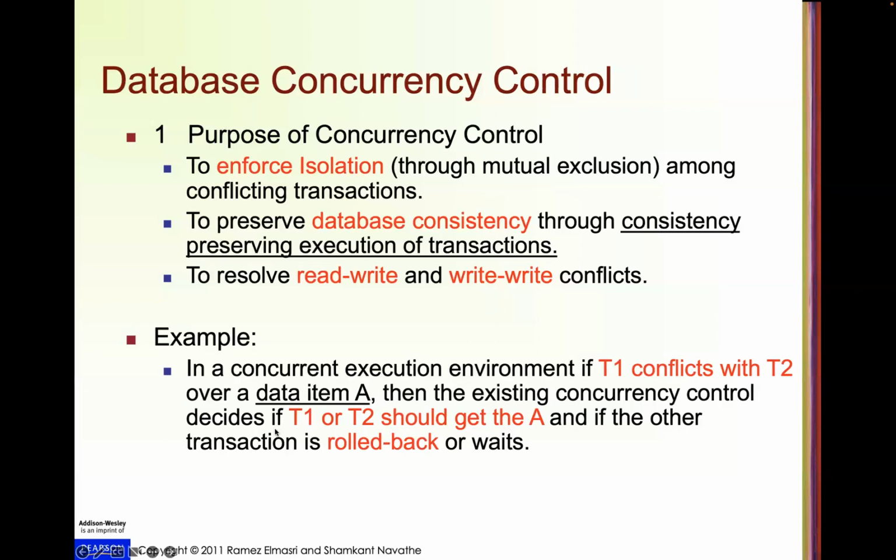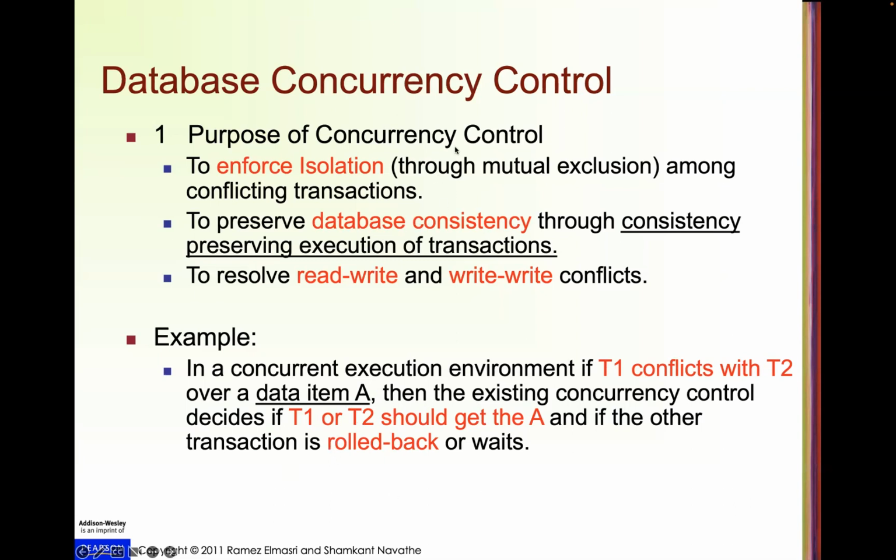Now, an example. In a concurrent execution environment, if T1 is trying to read data item A and T2 is also trying to write on data item A, they are trying to access it, then the concurrency control decides if T1 should execute first and T2 should stop, or T2 should get the data item A and T1 should roll back.